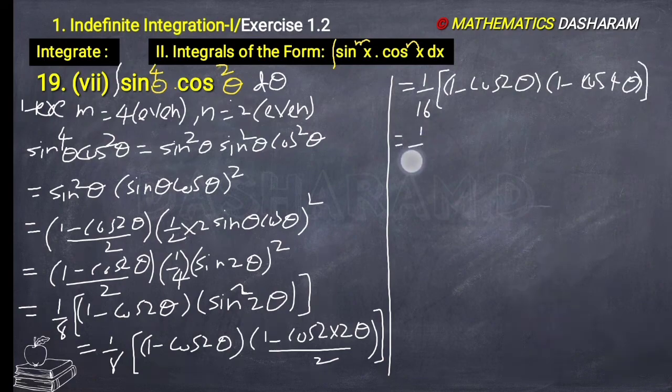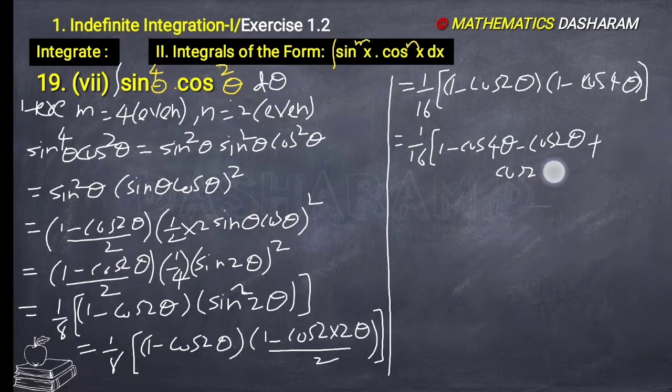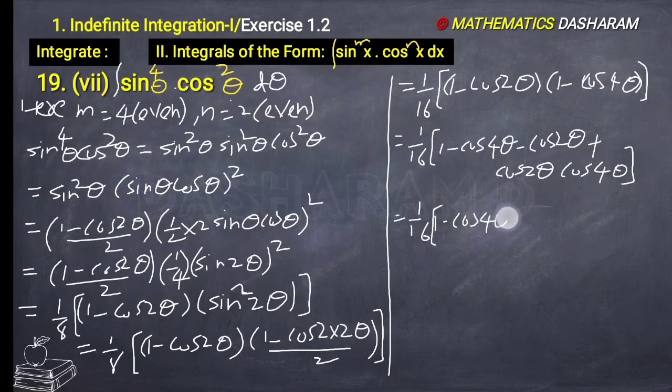So it is equal to 1 by 16 bracket of, multiply these two: 1 minus cos 4 theta minus cos 2 theta, minus into minus, plus cos 2 theta into cos 4 theta. So it is equal to 1 by 16 bracket of 1 minus cos 4 theta minus cos 2 theta.